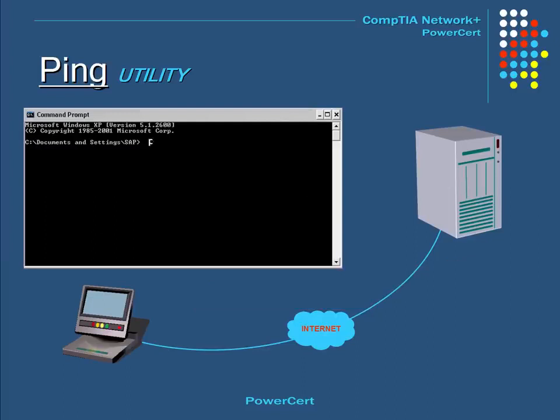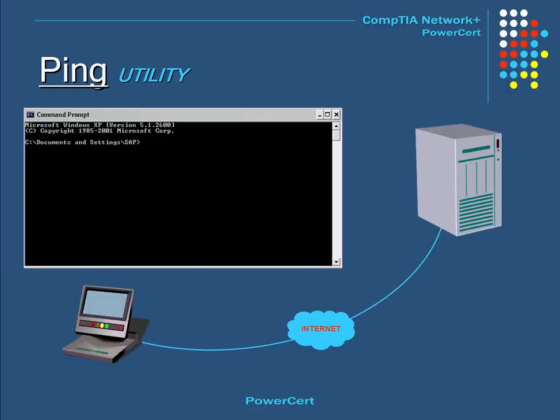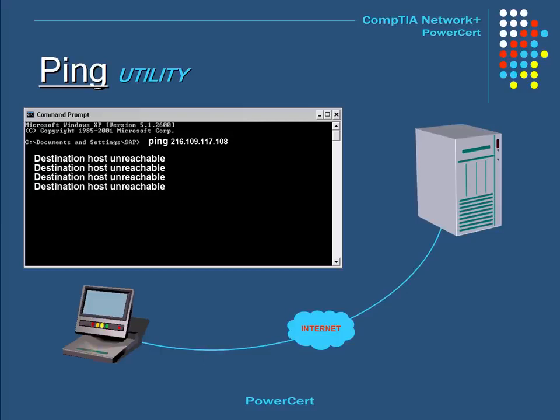But if we pinged the host and we get a message that says request timed out, then that could mean that the host is down, or that it's blocking all ping requests. Or after we pinged, if we get a message that says destination host unreachable, then that message is coming from a router, and it means that a route to the destination cannot be found.